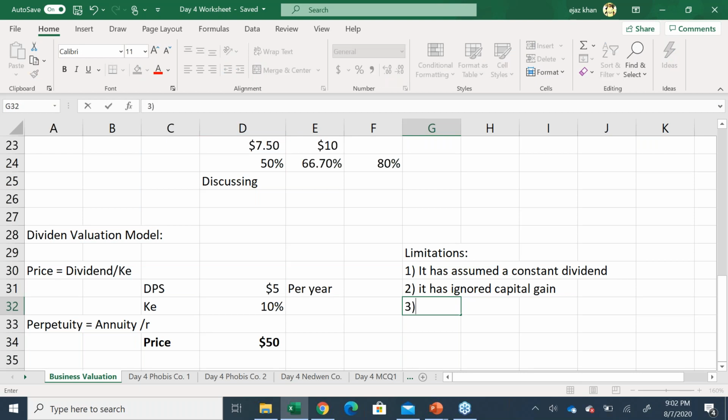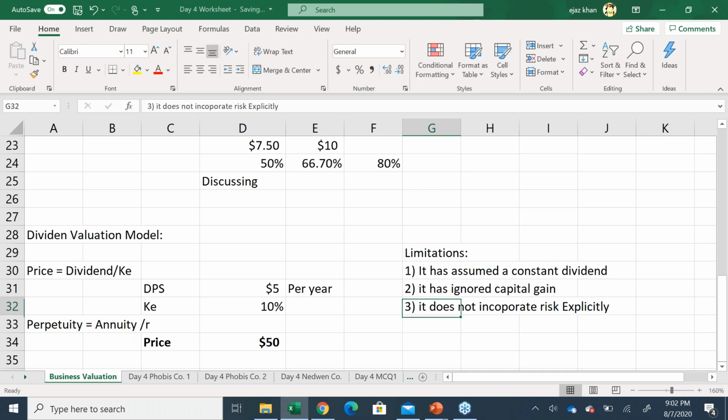Third, it does not incorporate risk explicitly. There is no project specific risk involved. Fourth, it ignores taxation.